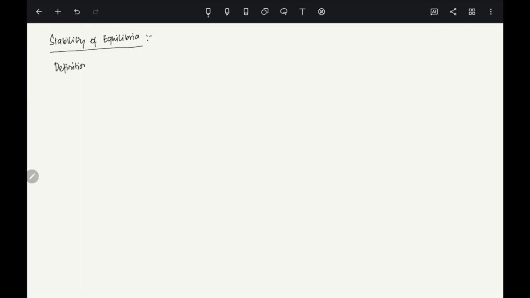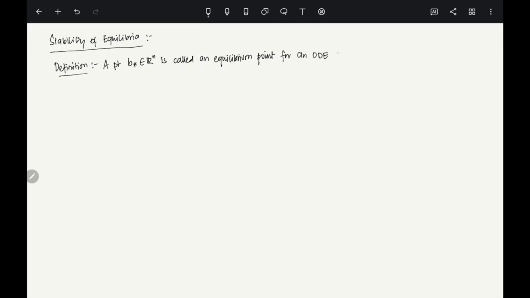Definition. So what is it? It says that a point b star in R^n is called an equilibrium point for an ODE.